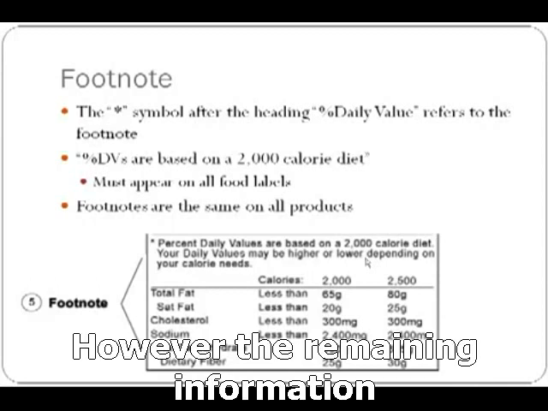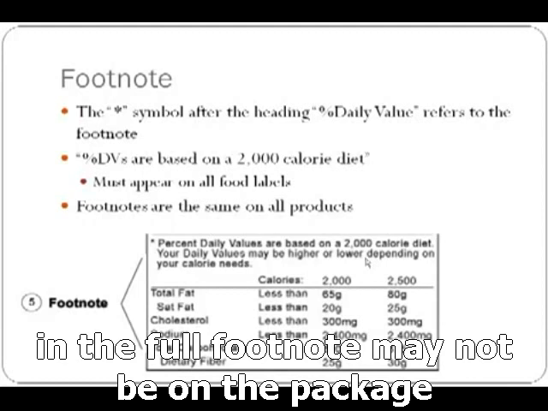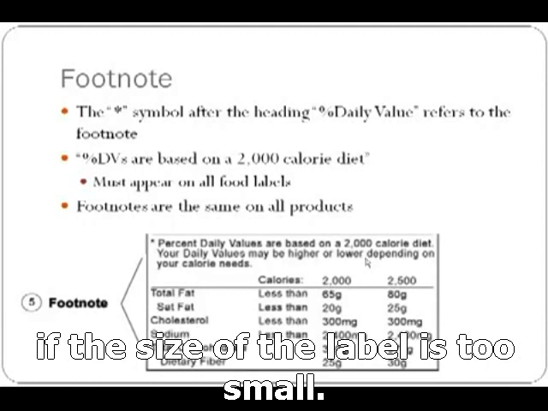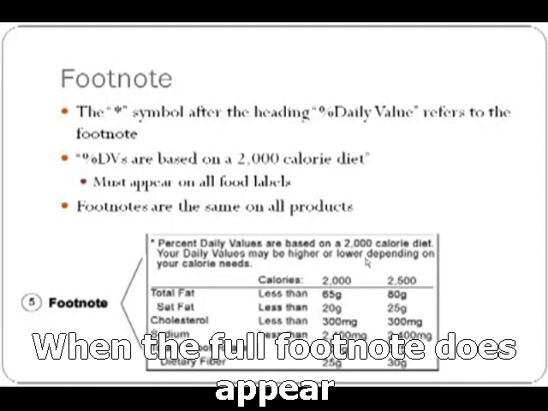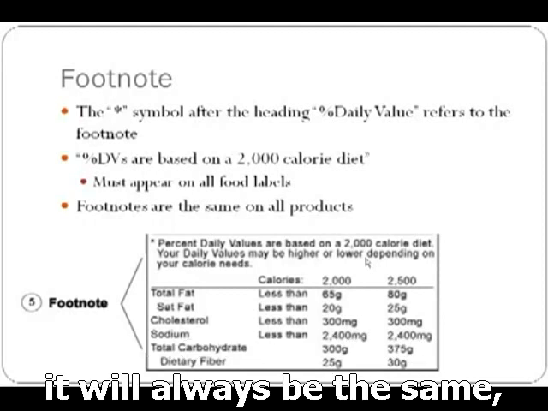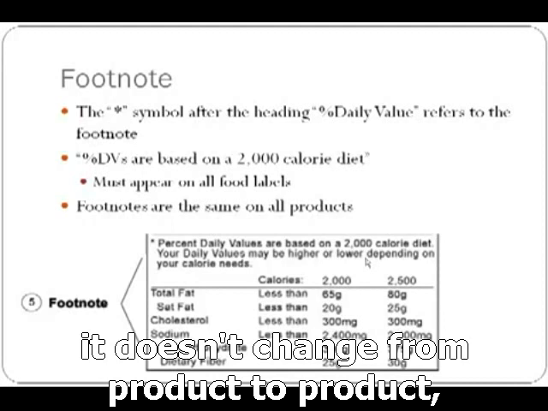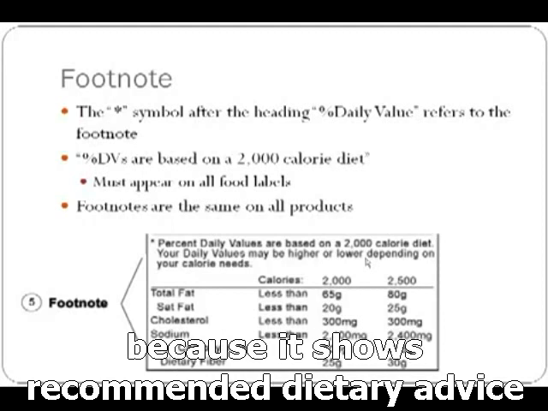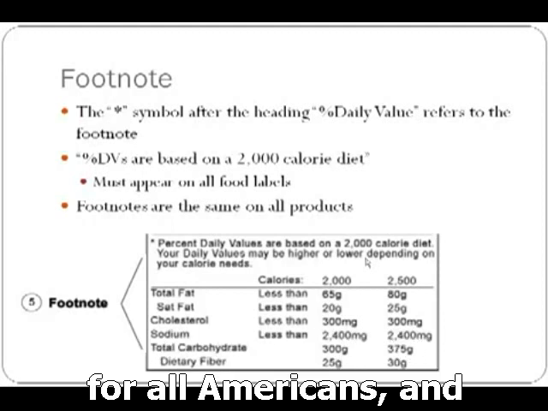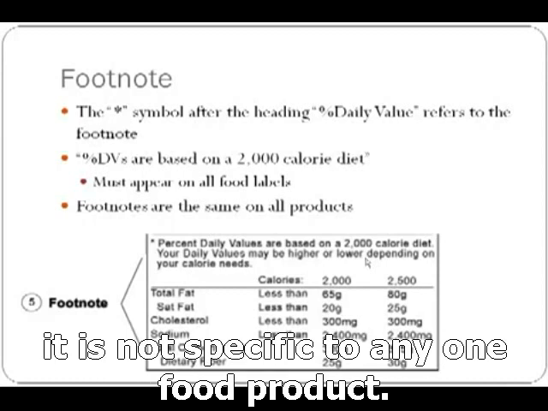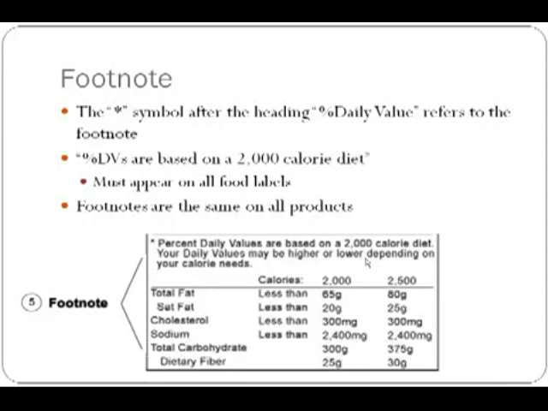However, the remaining information in the full footnote may not be on the package if the size of the label is too small. When the full footnote does appear, it will always be the same. It doesn't change from product to product because it shows recommended dietary advice for all Americans, and it is not specific to any one food product. Let's take a closer look.